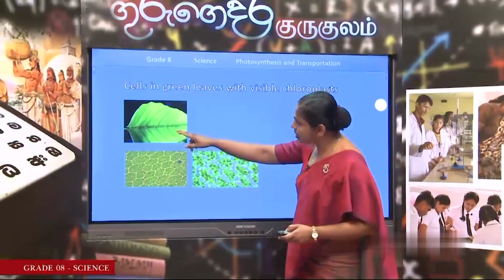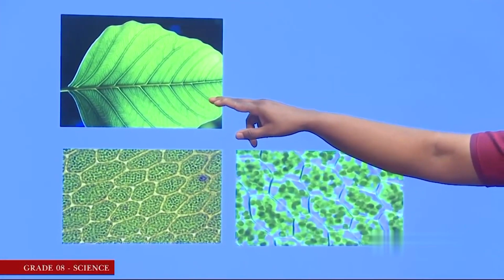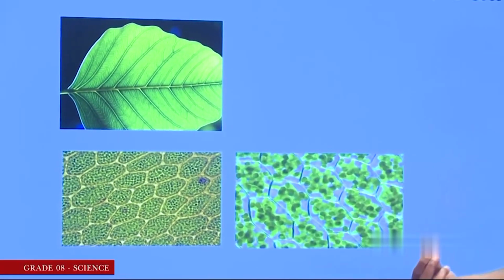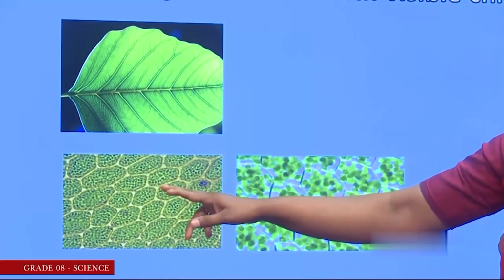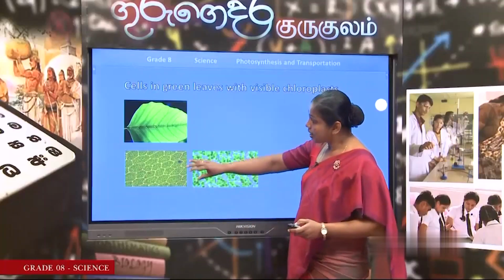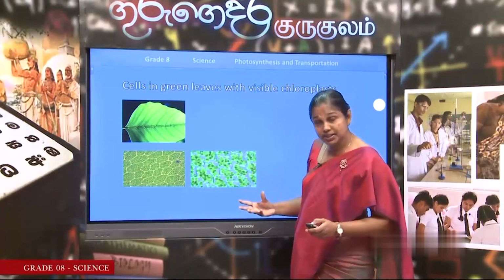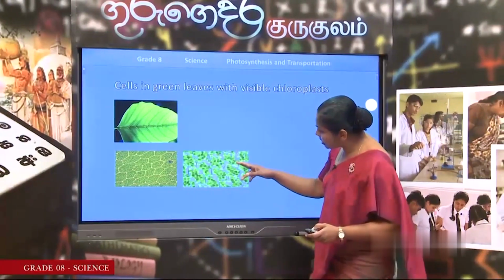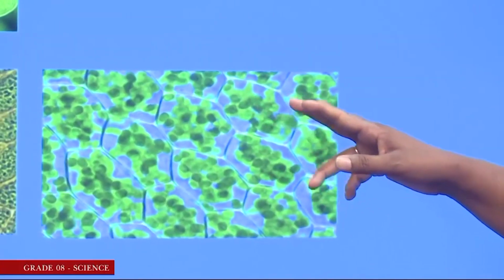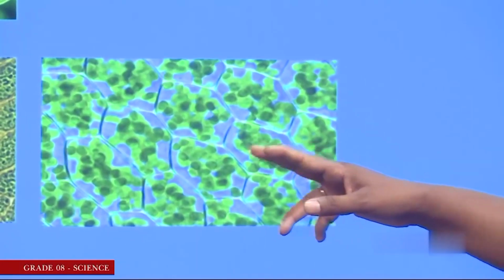Here this is a green leaf, you can see, and if a very small tiny part of this green leaf is tested by a microscope, you can see cells of green leaves like this. And if these cells are more magnified and observed, you will be able to see some green color spots like that. See, you can see green color dots like things.